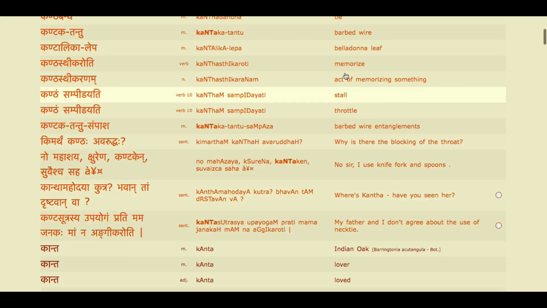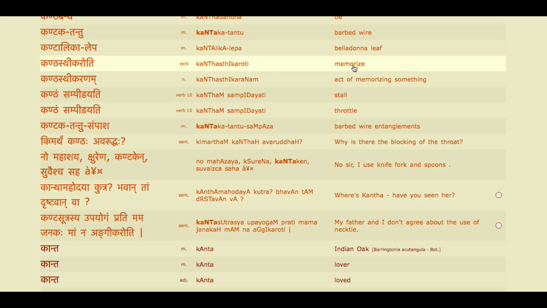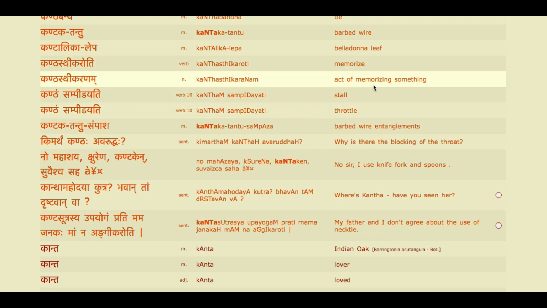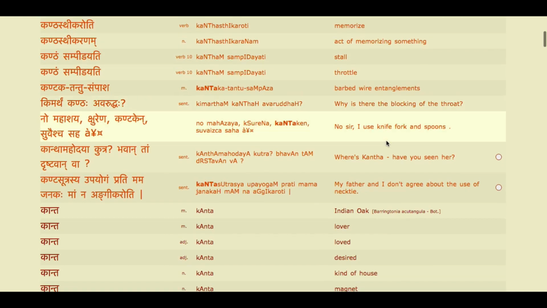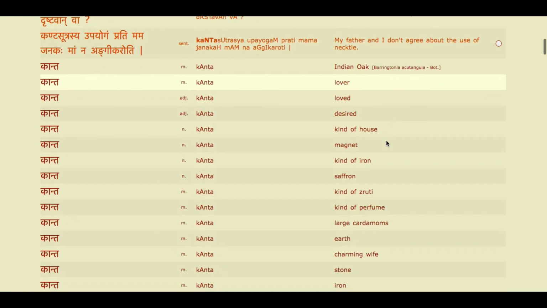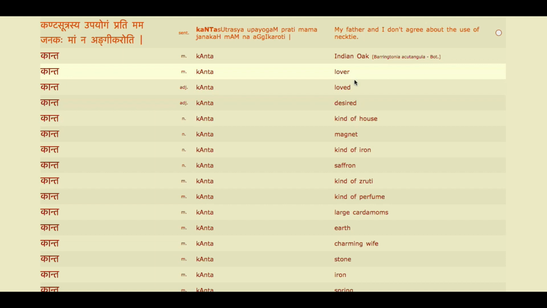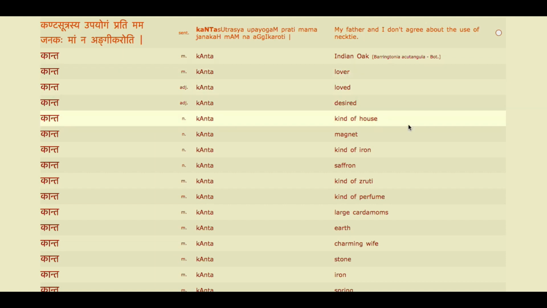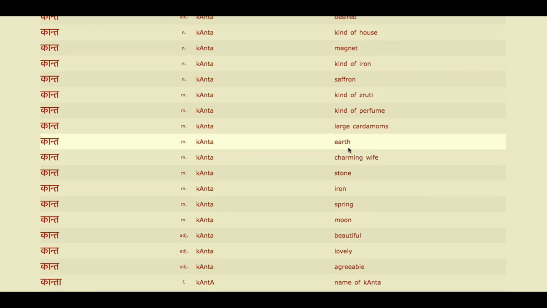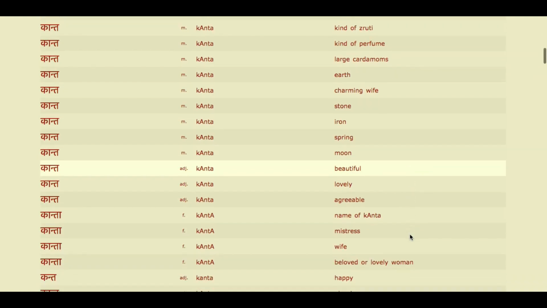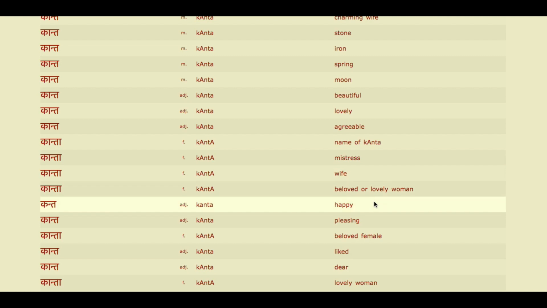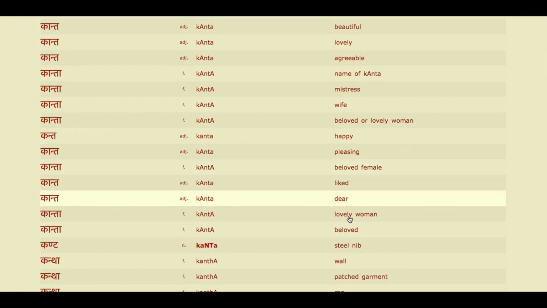Okay? Memorize. It has to do with memory. Okay? That's also quite impressive. All right? And I'll show you why. Keep that in mind, because magnetism is also a love and it's also a memory. Kanta also means a lover, a loved, a desired, a charming wife. It's also the earth, a stone, iron, spring, the moon, beautiful, lovely, agreeable, wife, mistress, happy, pleasing, liked, dear.